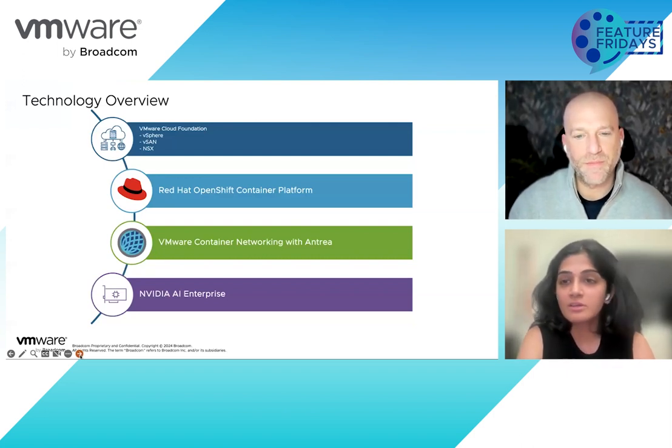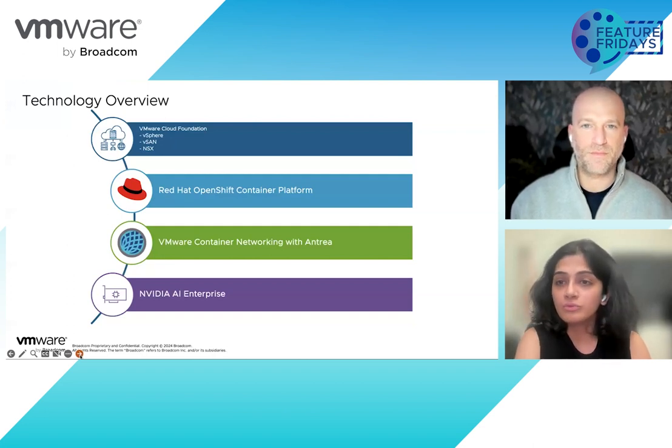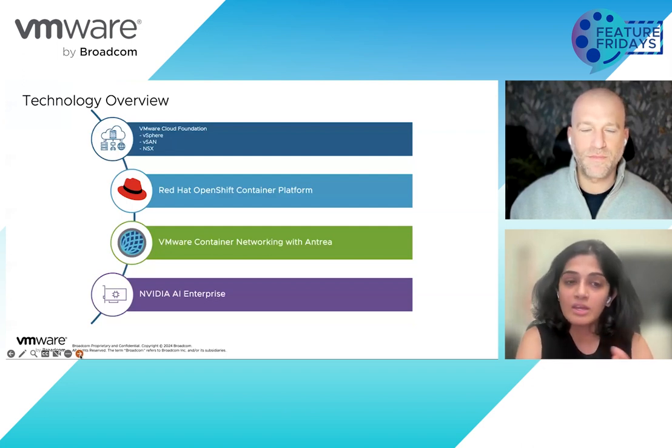And with vSphere, we have a way to harness the power of GPU and break it into vGPUs, slice it, and utilize the resources more efficiently. So we are harnessing that and also working with OpenShift on top of that.